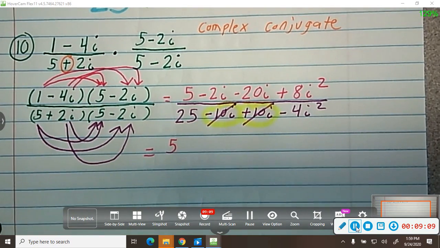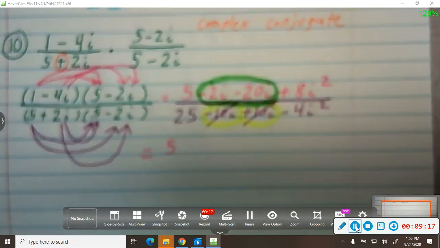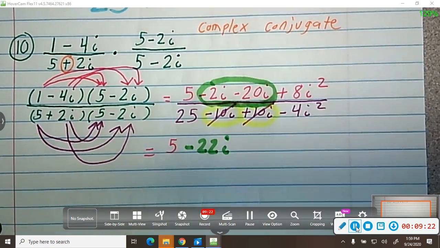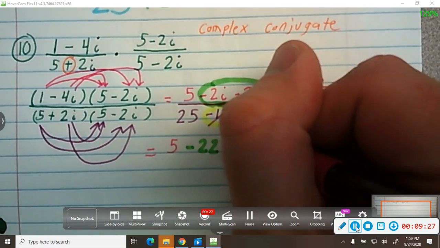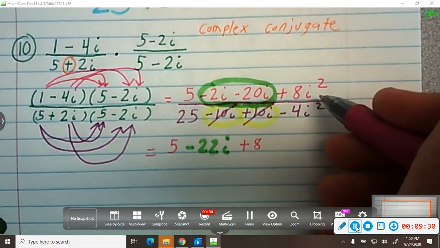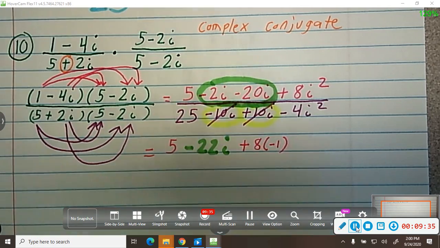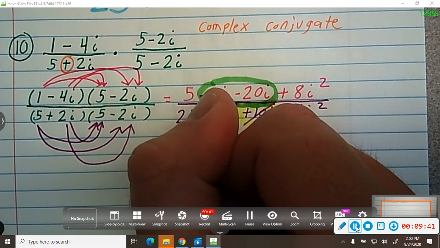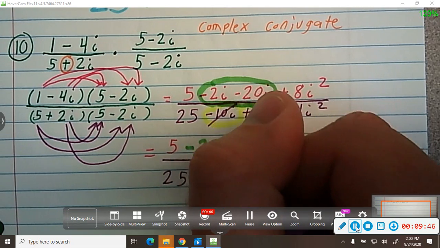I recognize that these two, negative 2i minus 20i is negative 22i. And then I'll recognize that this would be plus 8, but i squared is negative 1. Divided by 25. Those canceled, which is what I wanted, minus 4 times negative 1.